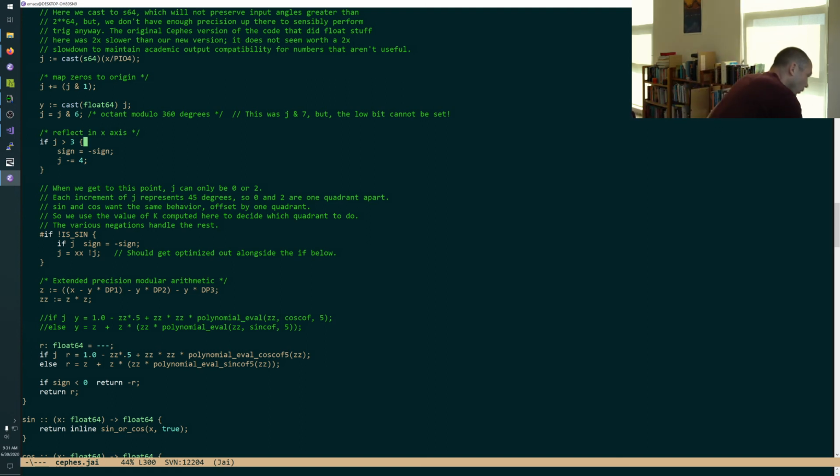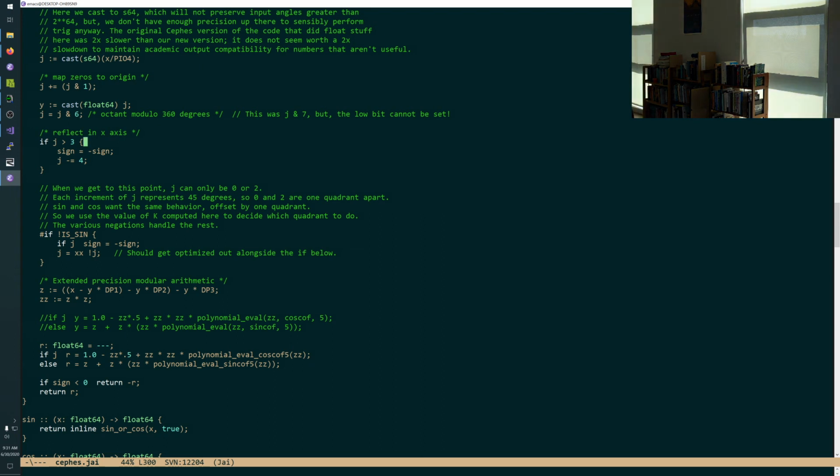Hold on, let me get some water. I think map 0 to origin is maybe change j so that the result of the remainder is going to be minus pi over 4 to pi over 4.